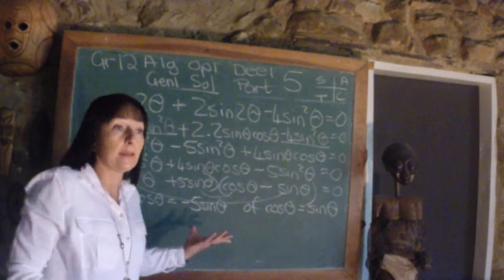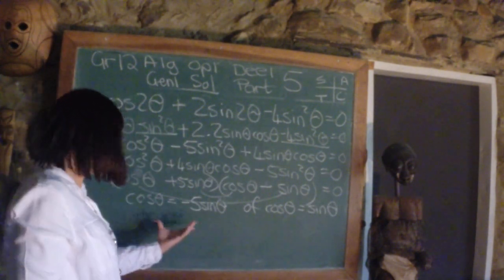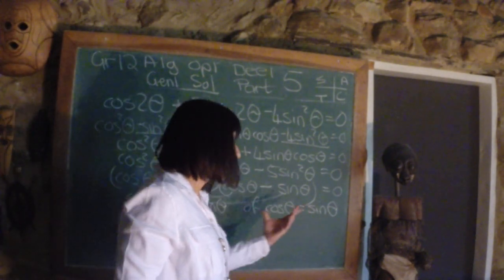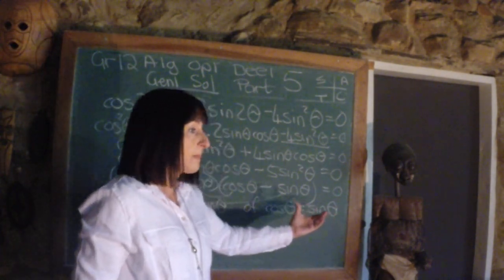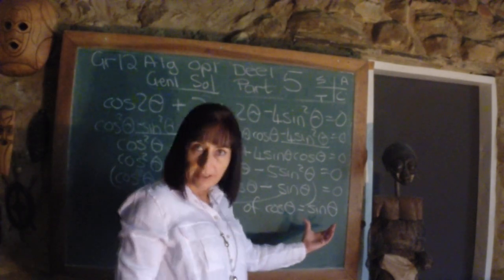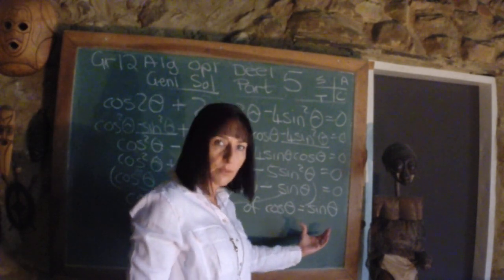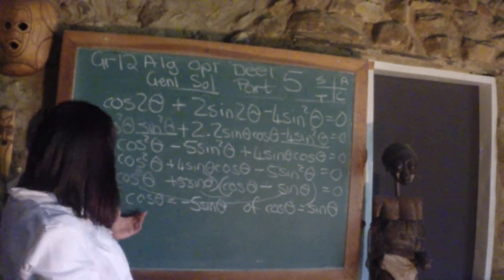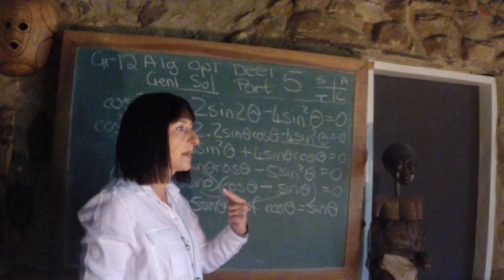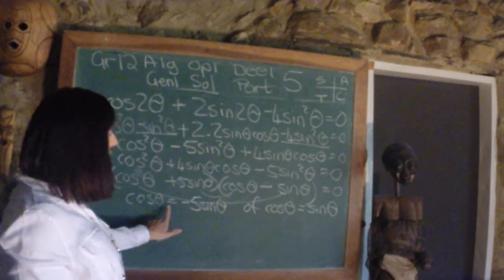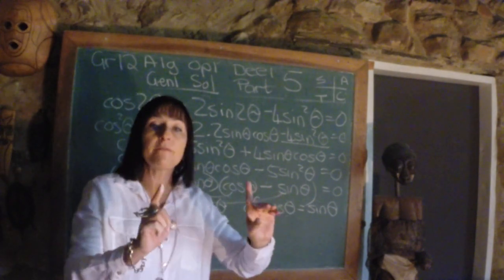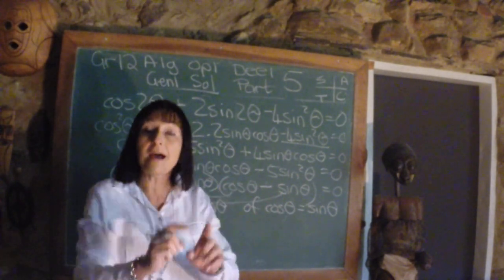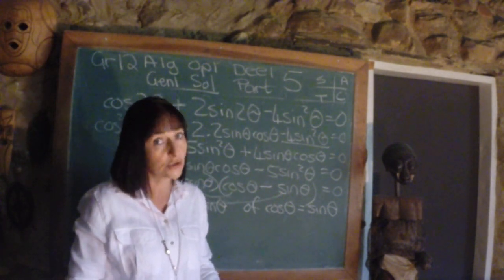And now again, I've got 2 of the very familiar general solutions of grade 11 that we've done in a previous lesson. If I have a cos and a sin on both sides of the equals, and the angle sizes are the same, very, very, very important, then I may divide with cos.